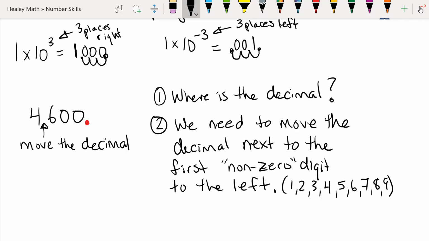And let's count how many spots we go. We move it 1, 2, 3 spaces. So we move the decimal 3 places.